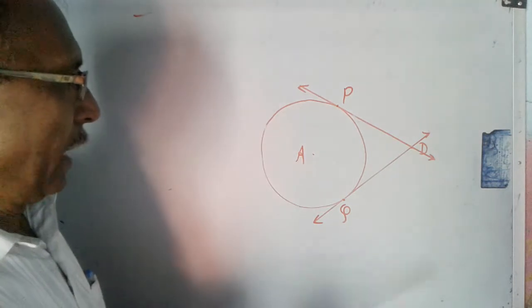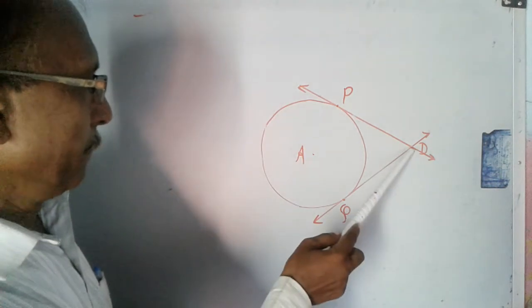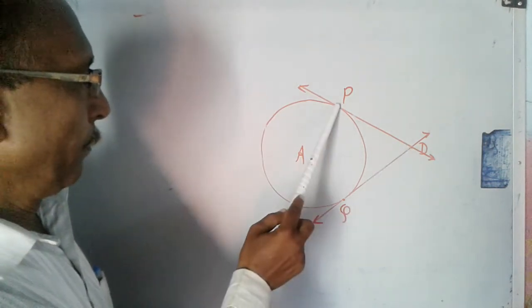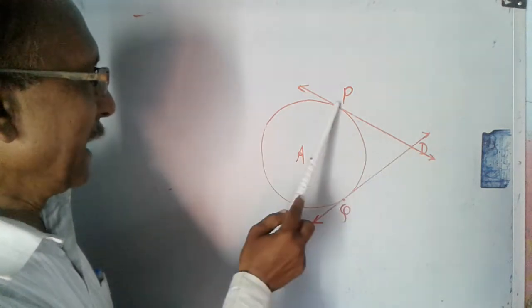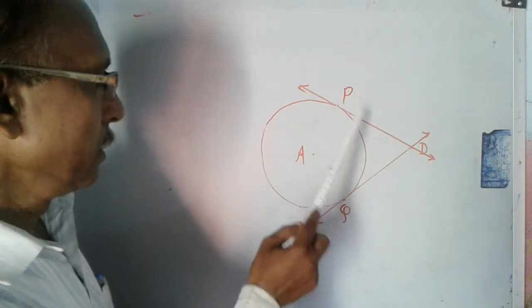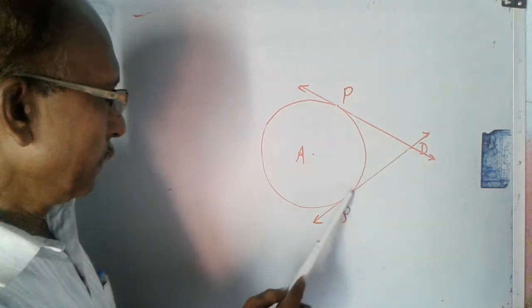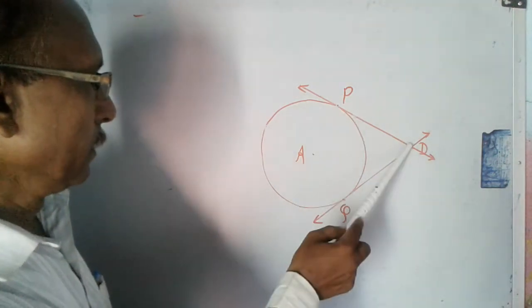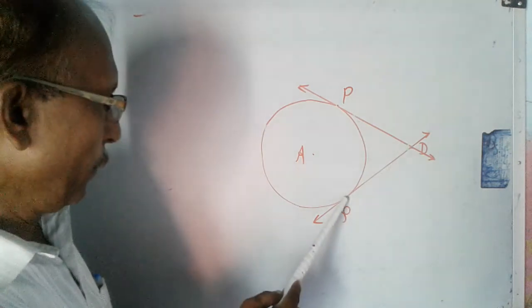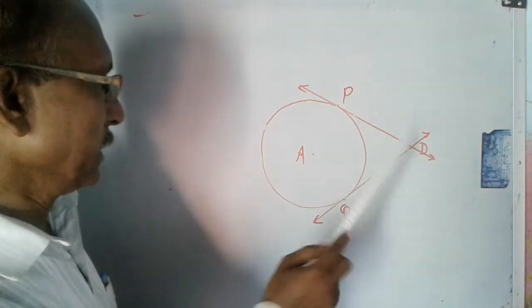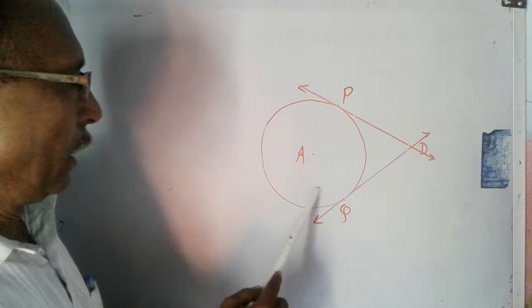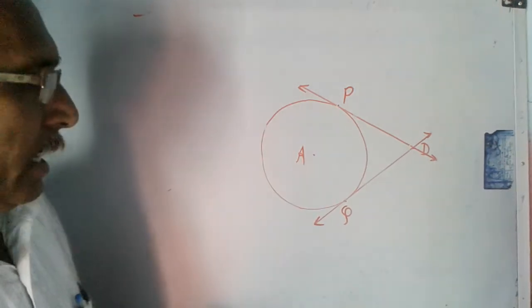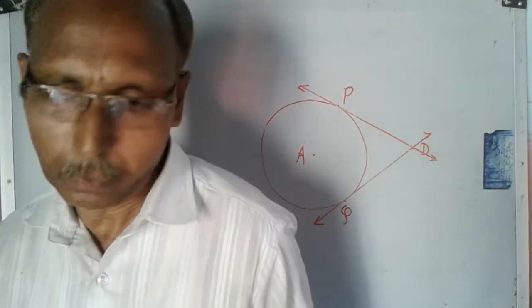Segment PD, from P to D, is called a tangent segment, and QD, from Q to D, is also a tangent segment. Now we will learn the next theorem, the tangent segment theorem.